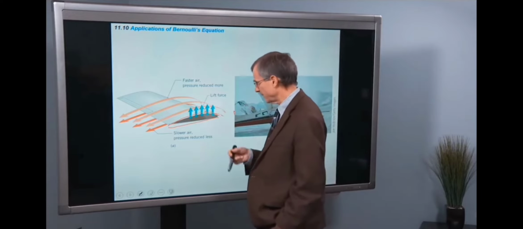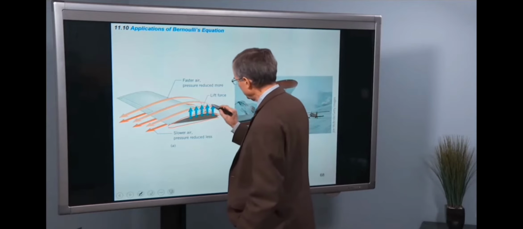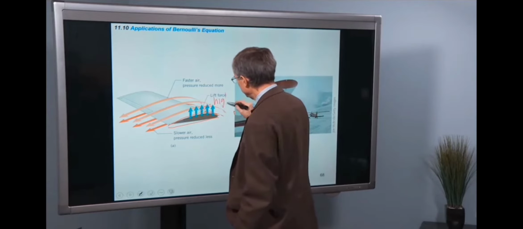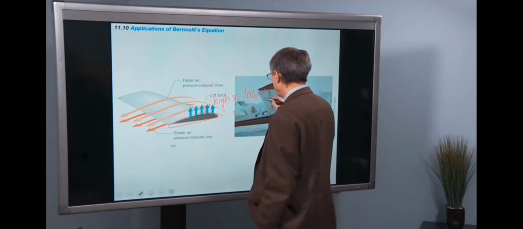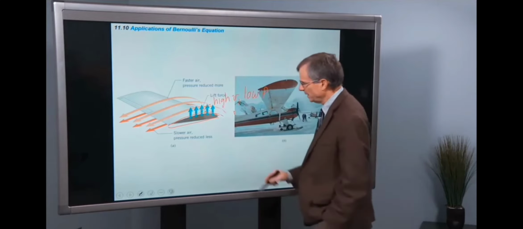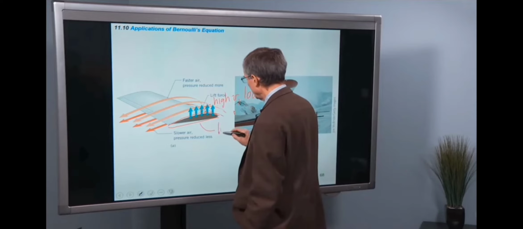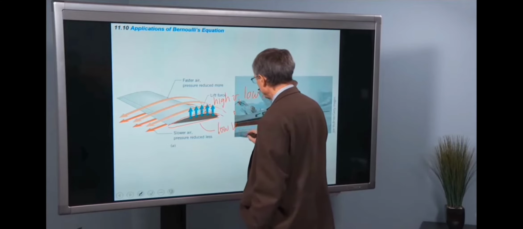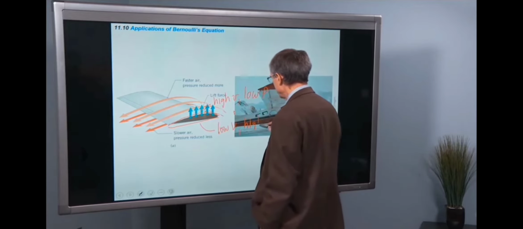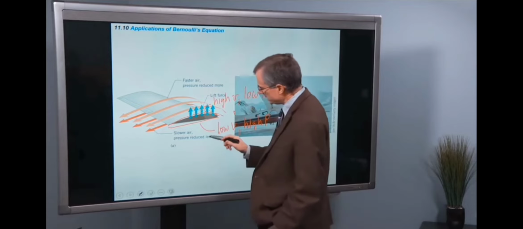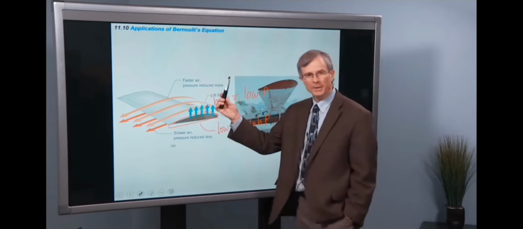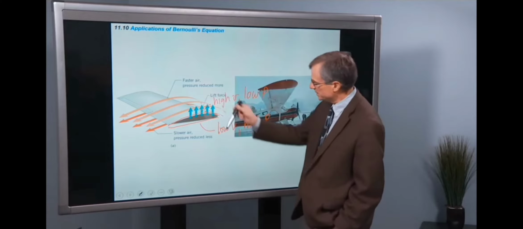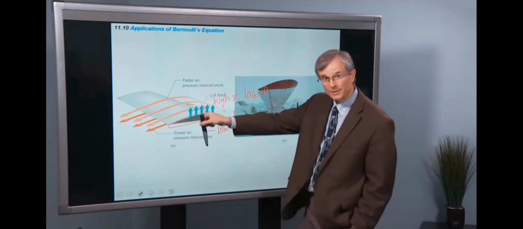If he's traveling faster, that's a high velocity, and the pressure must therefore be lower by Bernoulli's principle. And down here, we have a low velocity and a high pressure. So what that says is that there's a higher pressure pushing up on the wing than there is pushing down on the wing.